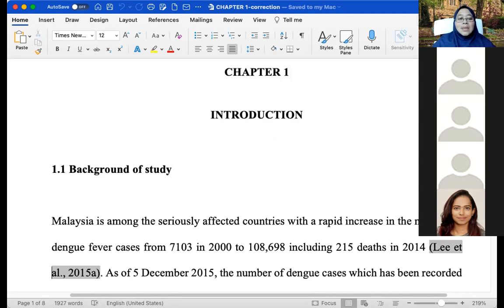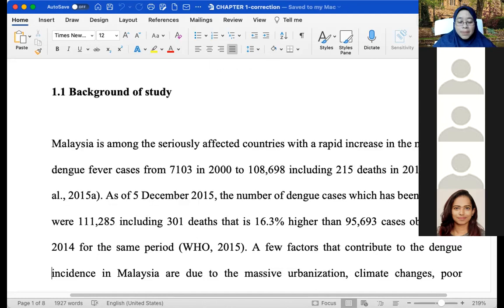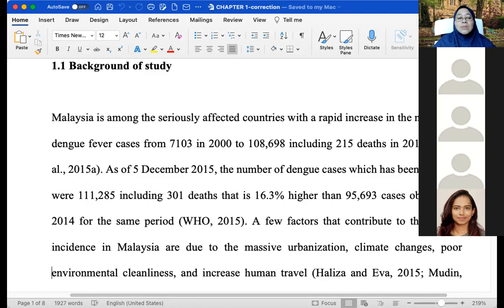So you can see that in the background of study, because he's talking about dengue, he's developing a detection method for dengue. For the introduction, he did introduce how serious the dengue cases are in Malaysia as well as the whole world.